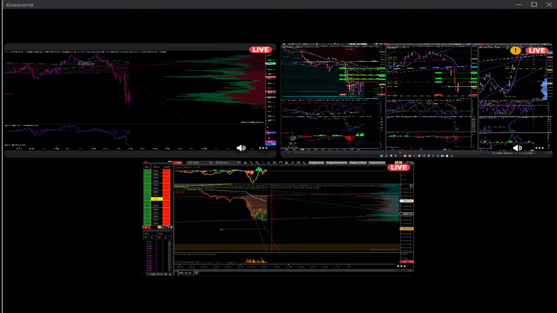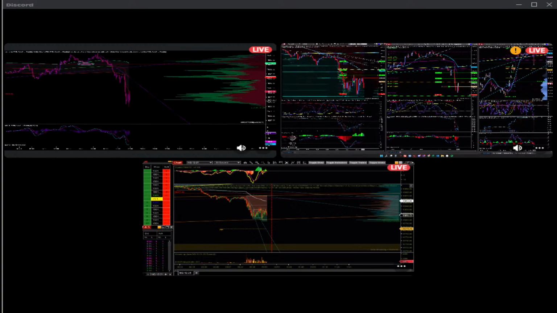This still can make the shoulder, or it's just a flag to break in continuation down. The 3 minute has some divergence now. A little bit is getting a hook. So we'll see.